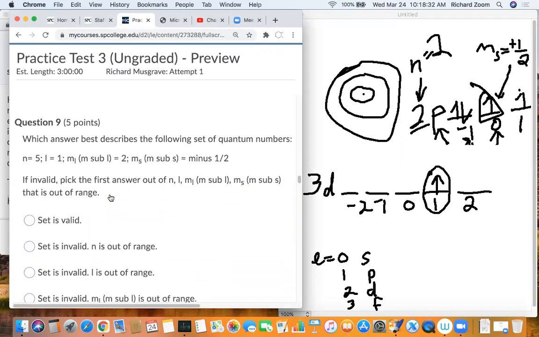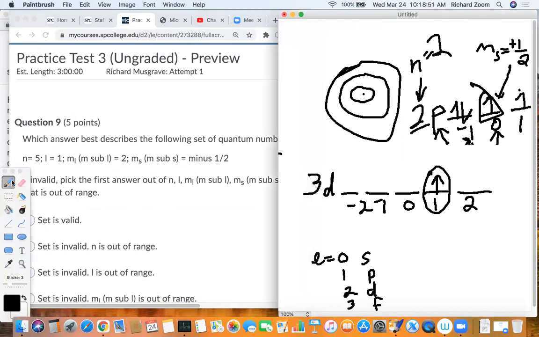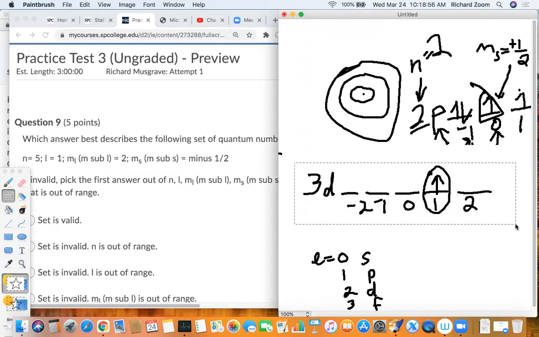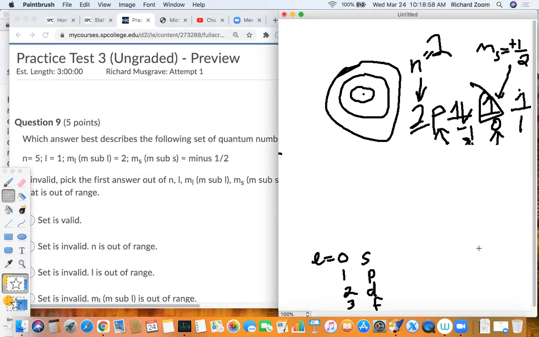Okay. Let's look at number 9. So n equals 5, that's an allowed value. L can be anything from 0 up to n minus 1, which would be 4. So what we're looking at here is L equals 1. So far, five for the n value.